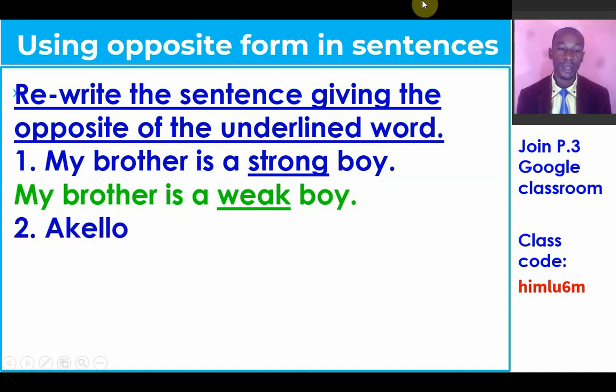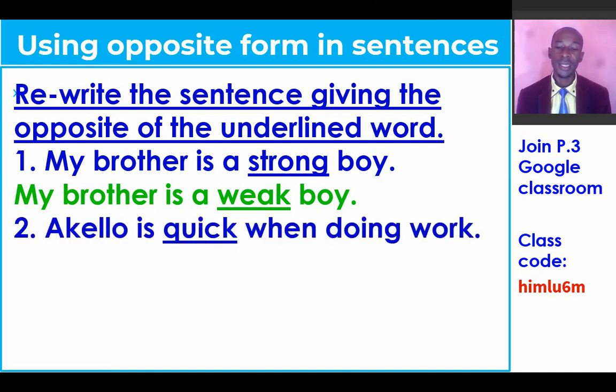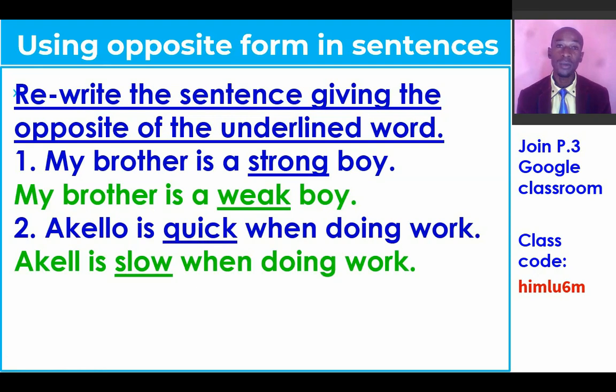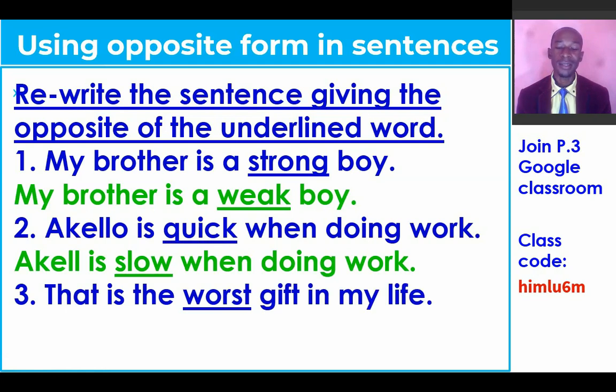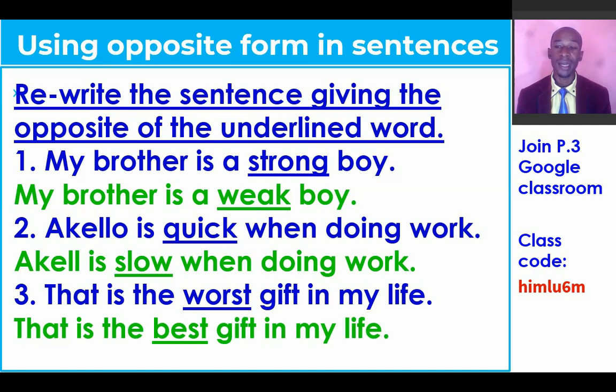Example number 2. Akelo is quick when doing work. What is the opposite of quick? We shall say Akelo is slow when doing work. This should be the last example. Number 3. That is the worst gift in my life. So this statement is in the superlative degree. And the answer is, that is the best gift in my life.